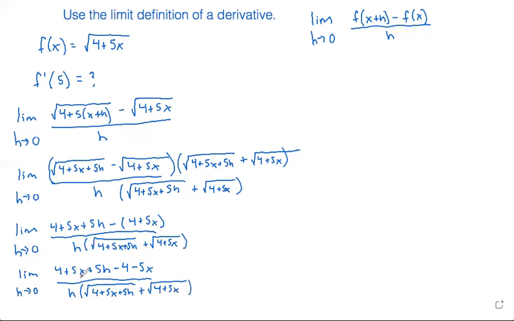Okay, so now in my numerator, this 4 and this minus 4 cancel out. This 5x and this minus 5x cancel out. So what I have left is the limit as h approaches 0 of the numerator 5h, and the denominator is h times the square root of 4 plus 5x plus 5h plus the square root of 4 plus 5x.